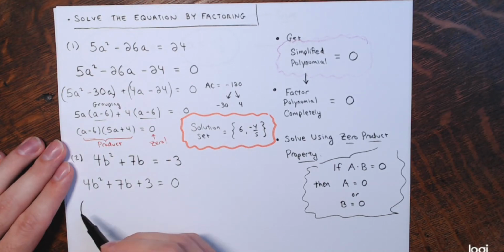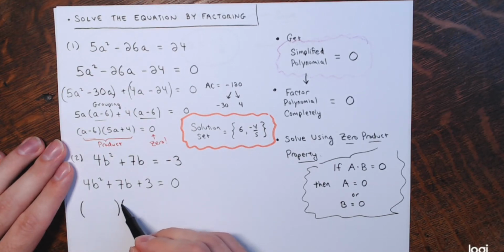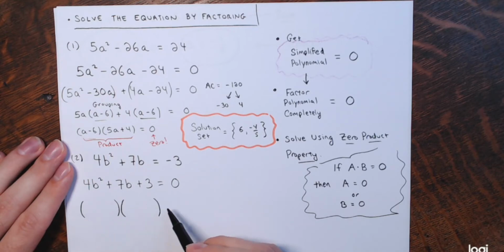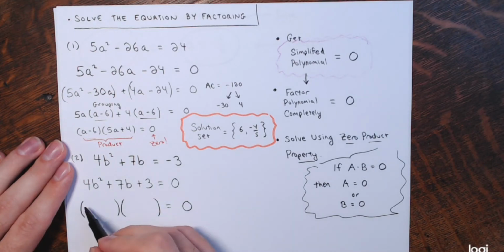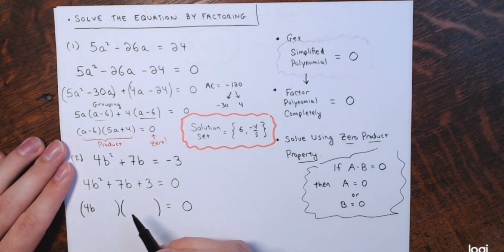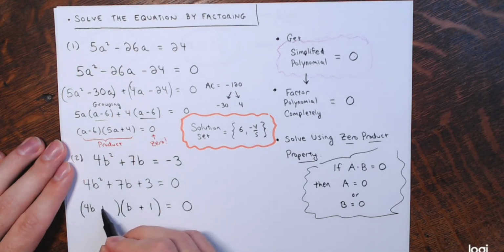I'm just going to skip ahead to what the factors are. All right, so I'm going to break this up into a product. We'd have 4b, 1b, that'll make 4b squared. Then plus 1 over here, plus 3 over here.